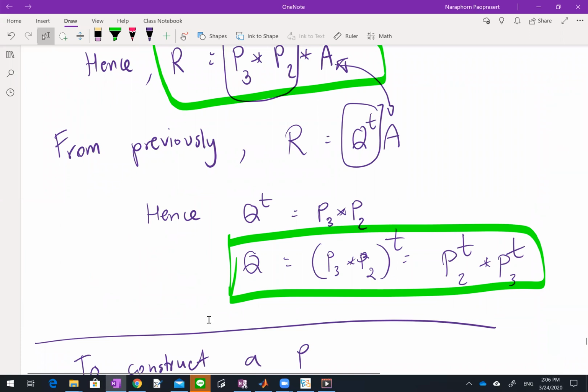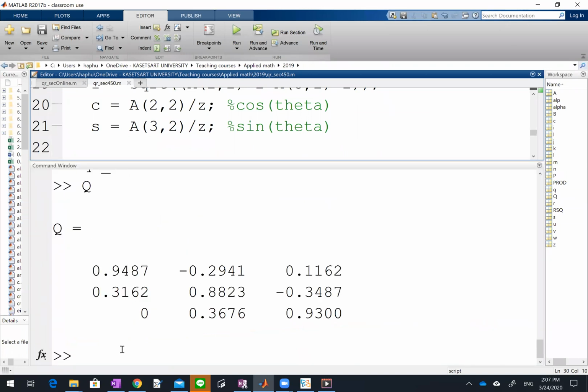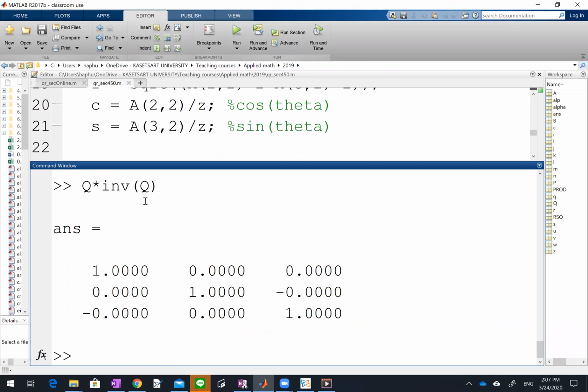So it should be correct. I'm not sure if I'm correct though, so let me double check something. If my Q is correct, then Q times Q inverse, INV is the inverse of Q, should give me an identity matrix, which is the correct result. So I think I did it correctly.